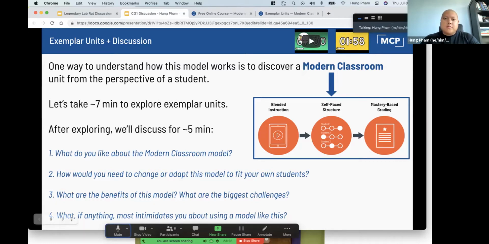Let's take 2 more minutes for exploration of the exemplar units.